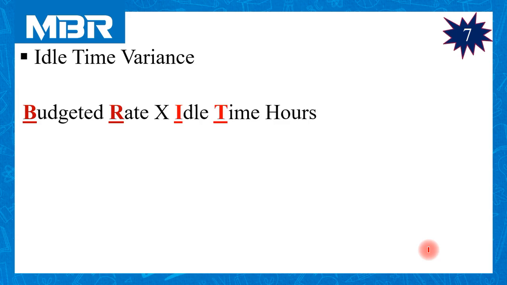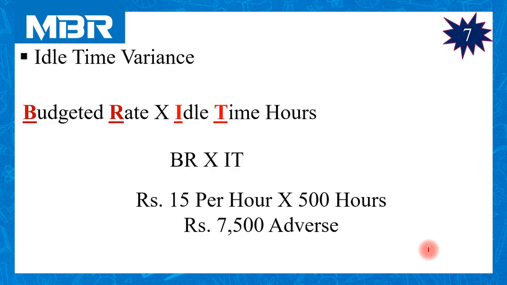Very simple formula: budgeted rate multiplied by IT hours. Budgeted rate is given as 15 per hour on the basis of our calculation, and IT information is given ready-made, 500. So 7,500. It is always adverse.